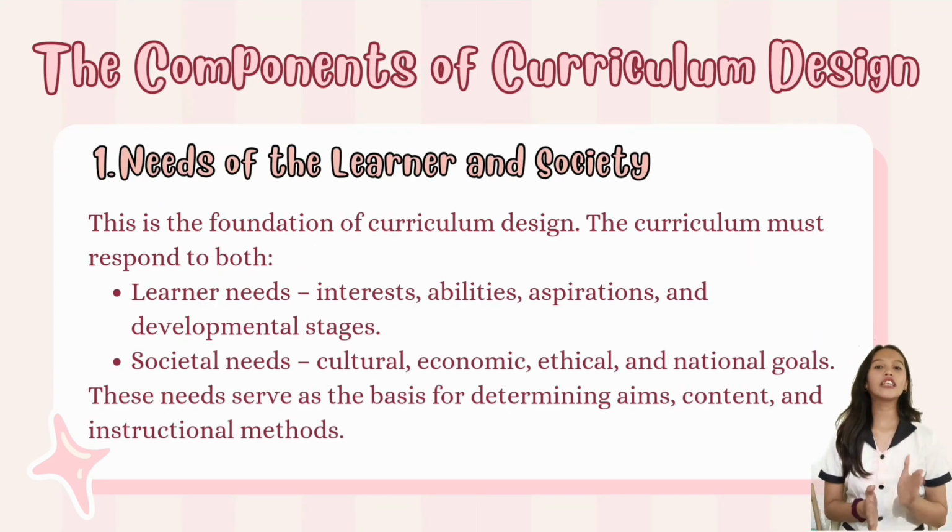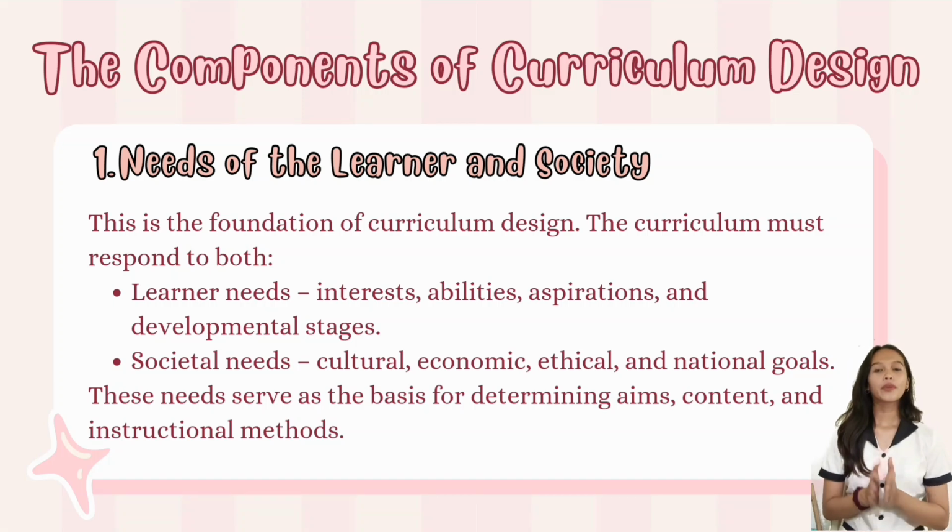First, we have the needs of the learner and society. This is the foundation. The curriculum must always answer, what do learners need and what does society need? For learners, we consider their interests, abilities, and developmental stages. While for society, we look at the cultural, economic, and national goals.